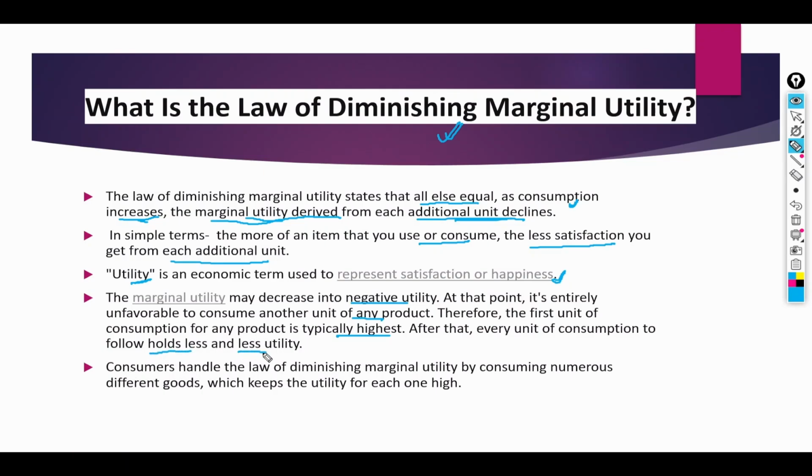That's why you have seen that same product, they keep on changing their brand, packaging, name sometimes, color of the packaging and all.